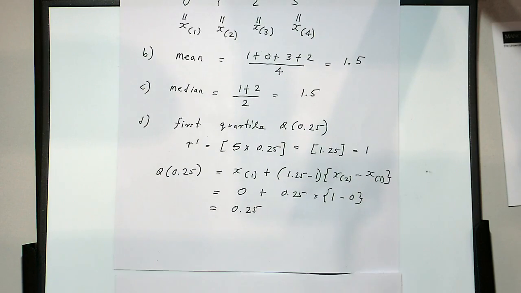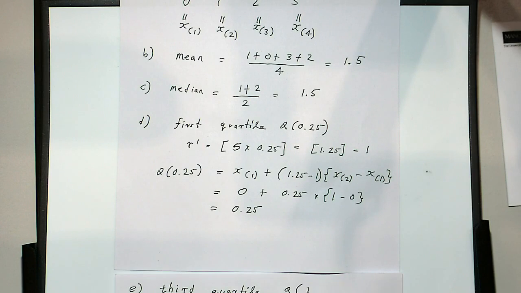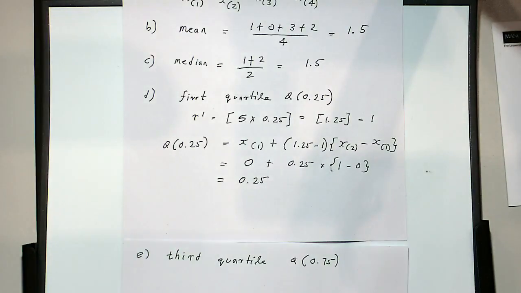So the next one is the third quartile. Third quartile is Q at 0.75. Yeah. So in this case, R prime is going to be 5 times 0.75, which is equal to the integer part of 3.75, which is equal to 3. Yeah. All right.